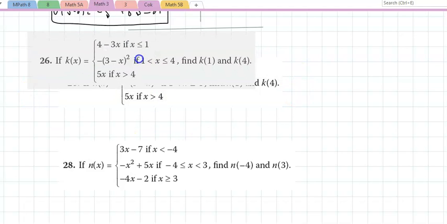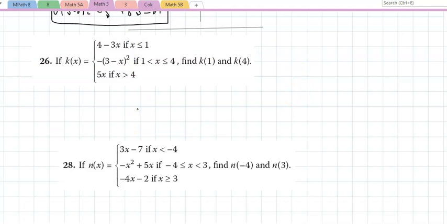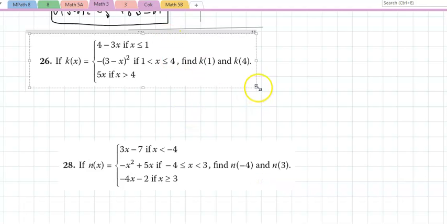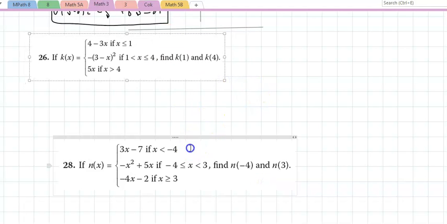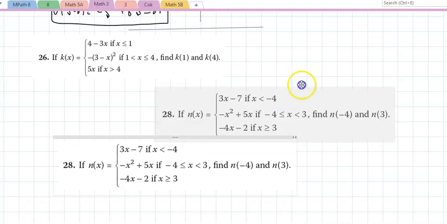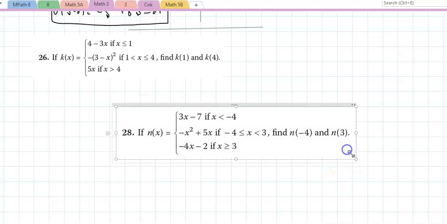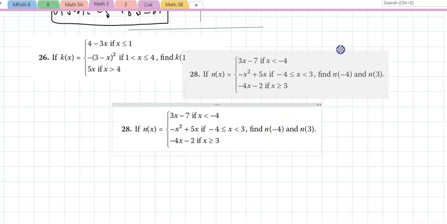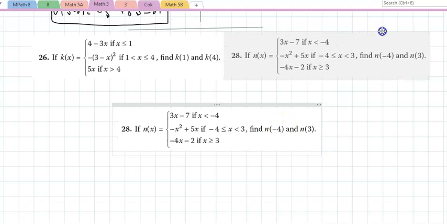And if I look at number 26, here we are. Good.